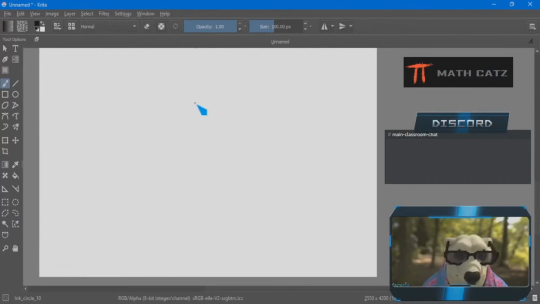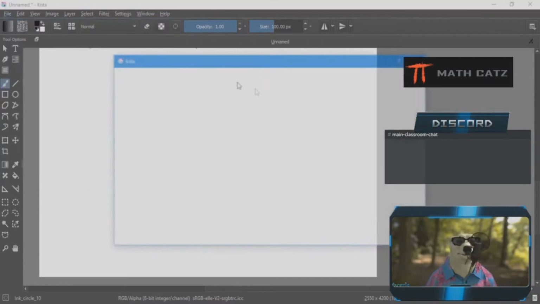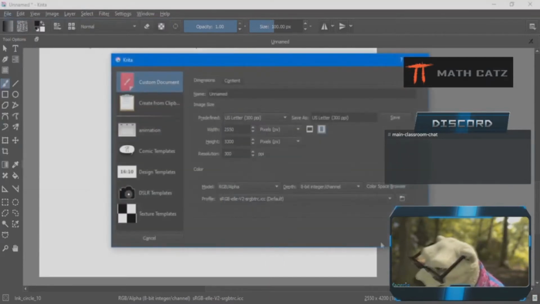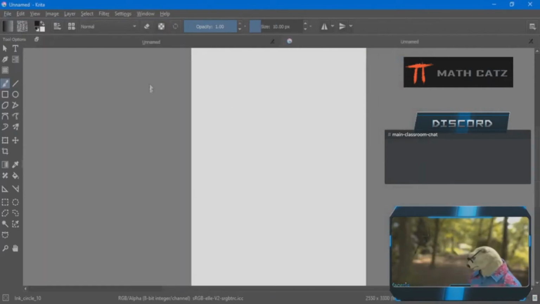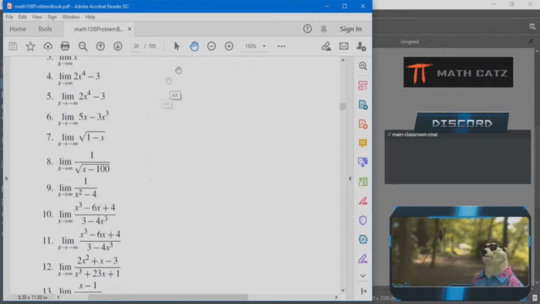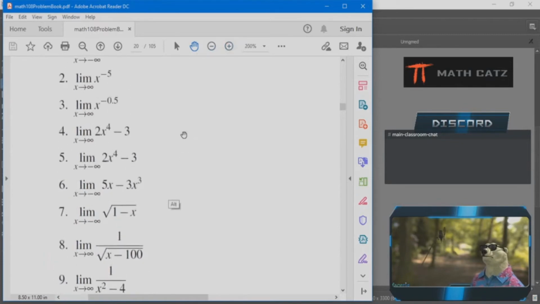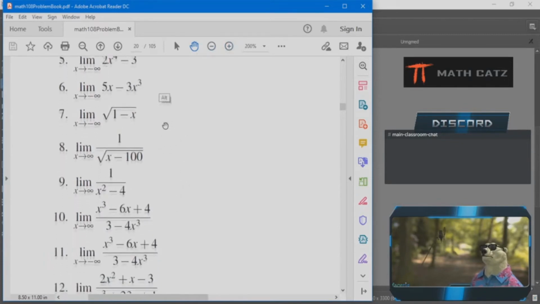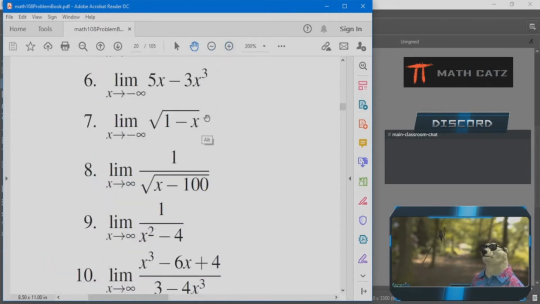Actually, I did have a problem question. We might as well do that now. Instead of me making random examples, we actually have one. Let me make a new page here, and I want to look at problem 2.1, number 6. Where all I need to do is, the question is now going to become evaluate the limit.